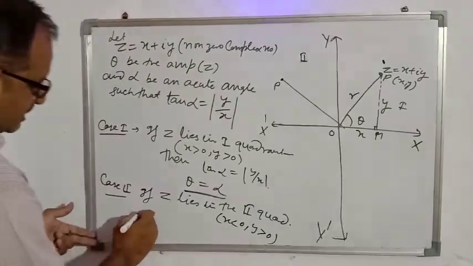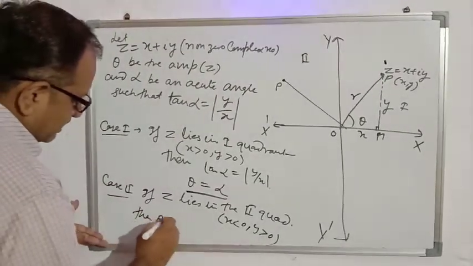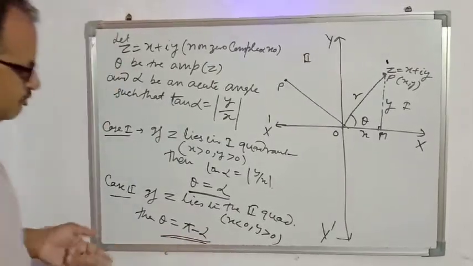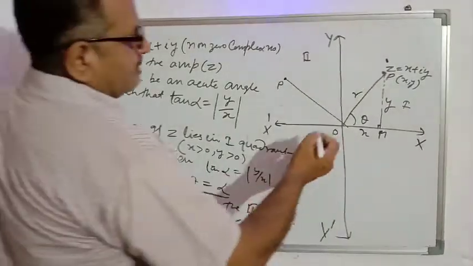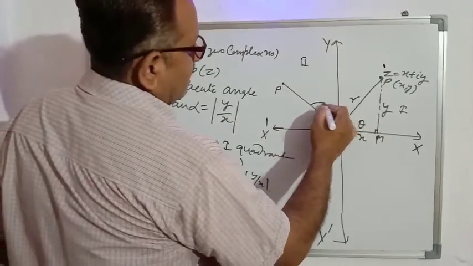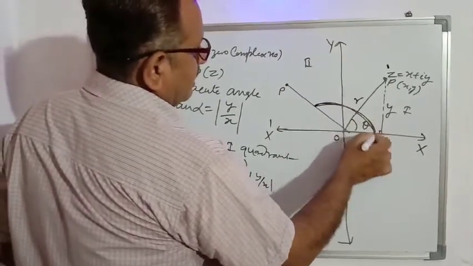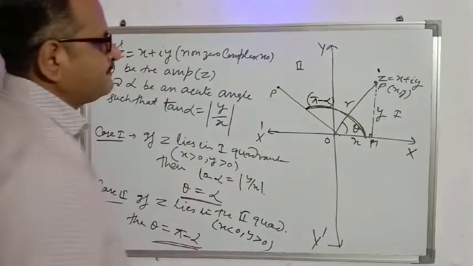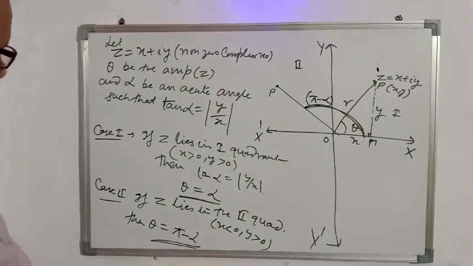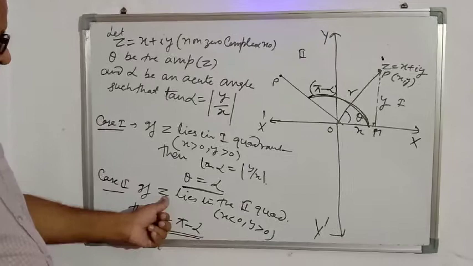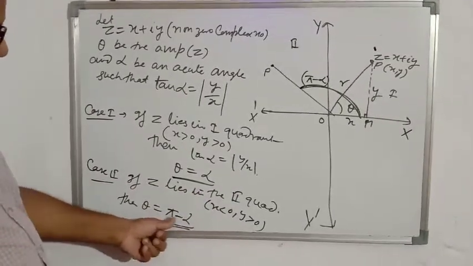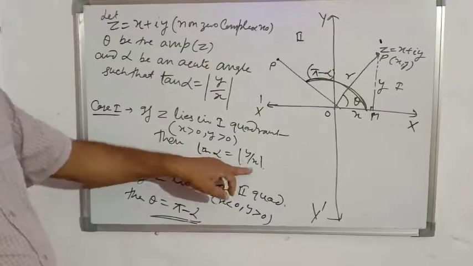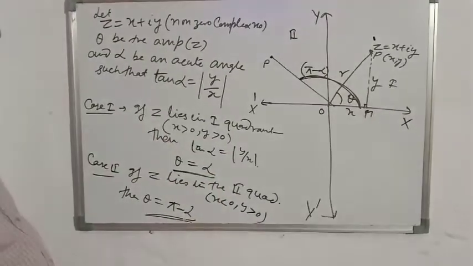Then theta will be pi minus alpha. You have to remember it. Theta will be this angle, pi minus alpha, and alpha we can calculate by the formula tan alpha is equal to mod of y by x.